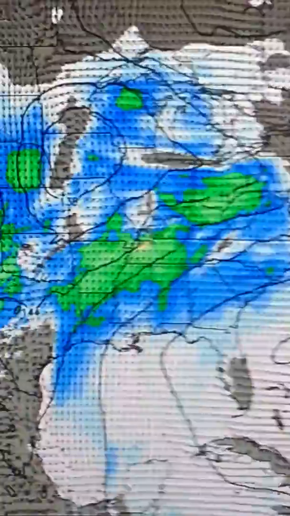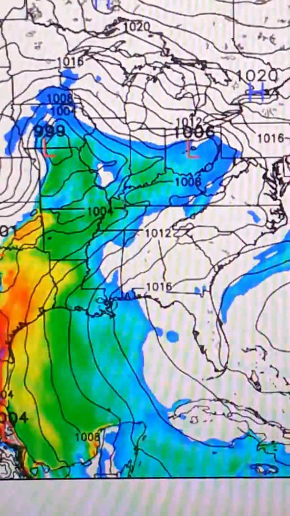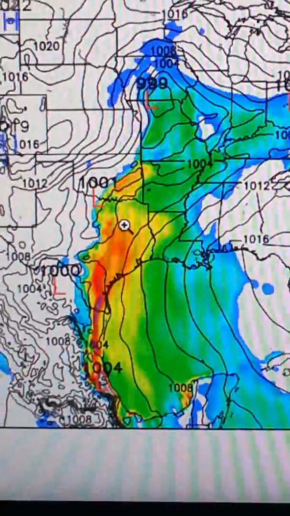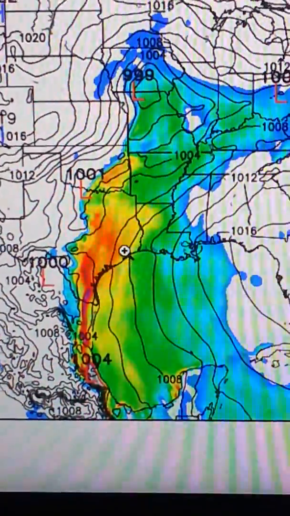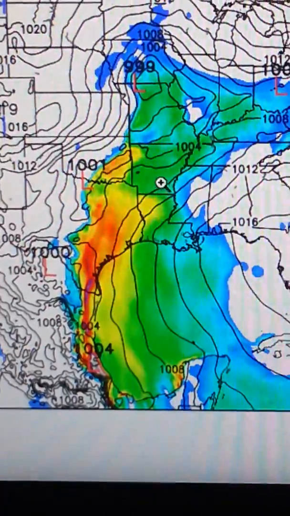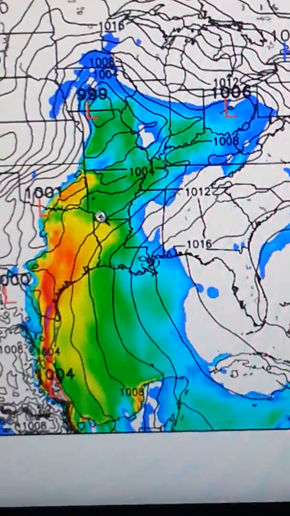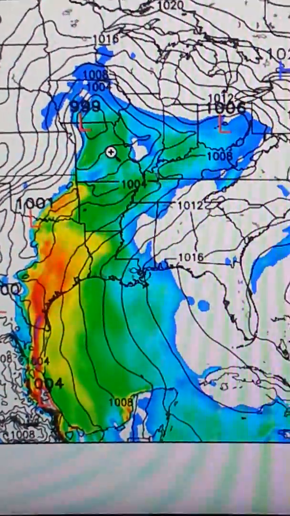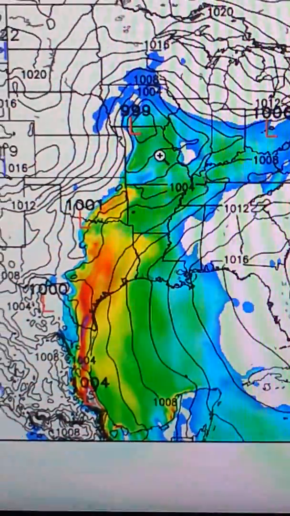So the next part, so we talked about CAPE here. Your strongest CAPE values across eastern Oklahoma, central and eastern Texas, eastern Oklahoma, Arkansas, Louisiana, and then up into Missouri. Those are your strongest CAPE values.